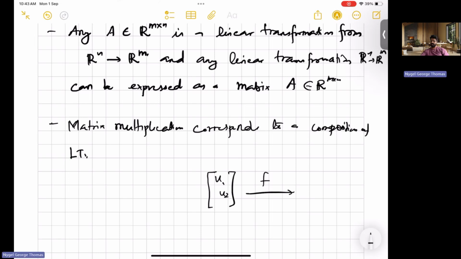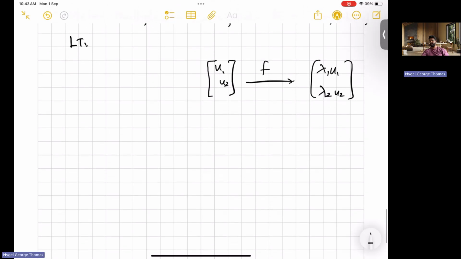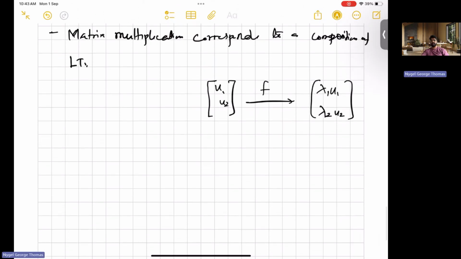Need to apply this transformation and make it lambda 1 u1 plus lambda 2 u2. How do we do this? This is not a dot product, mind you. How do you put the matrices? So basically, you have to scale this by this.